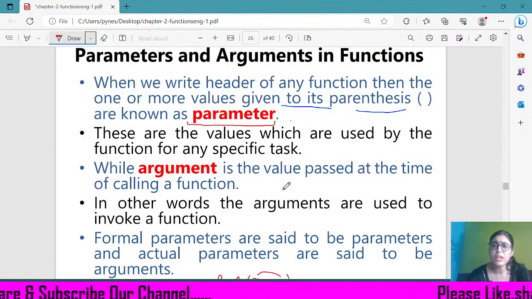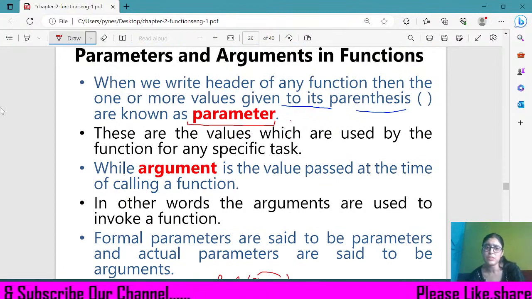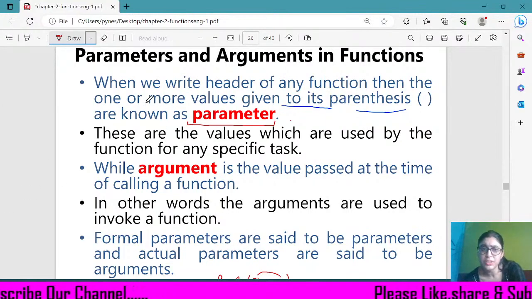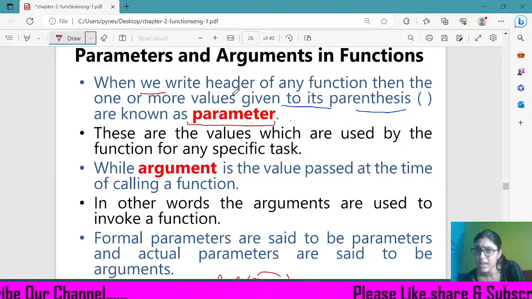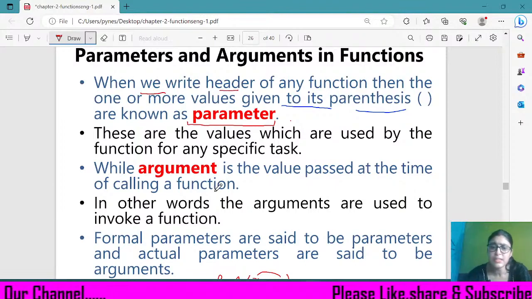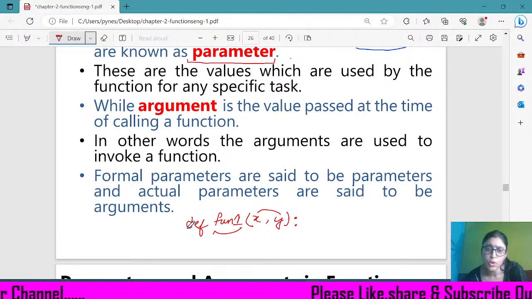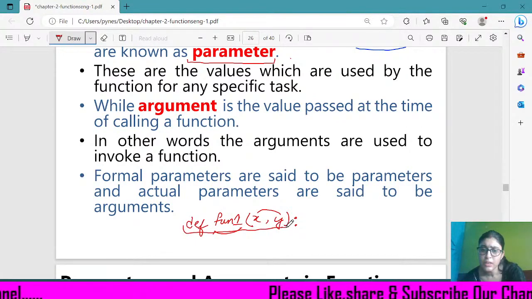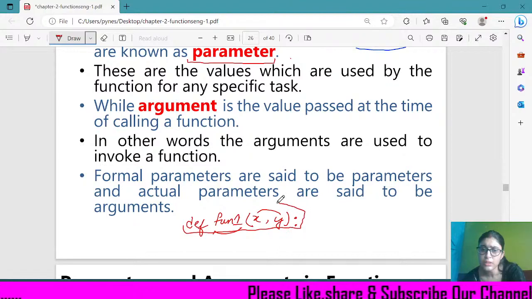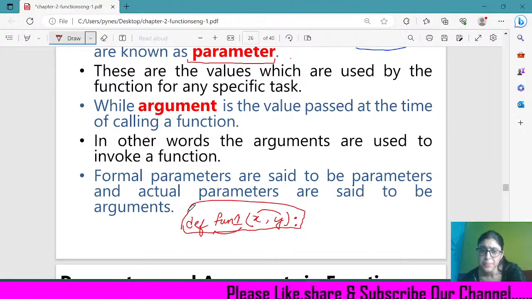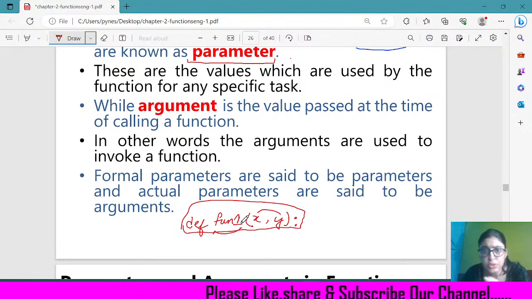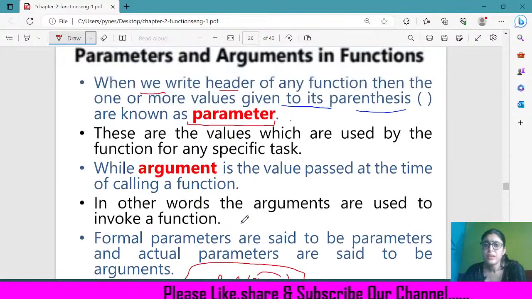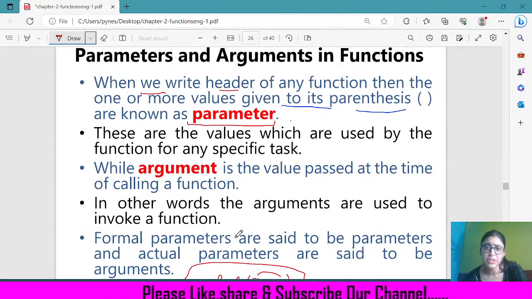When we write the header of any function, that is the total thing, def fun1 x comma y, then a colon, and don't miss the colon, the colon is also included in the header of the function.